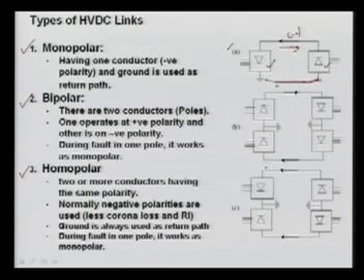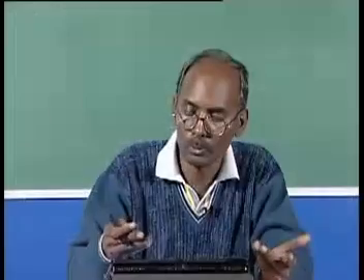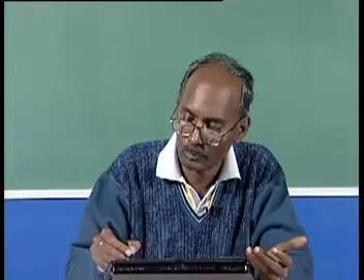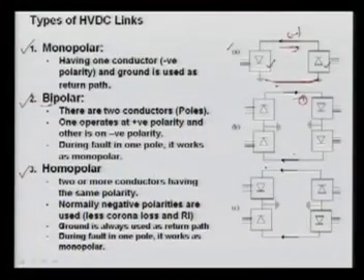Another is the bipolar. In the bipolar, bi means two poles. Here we have pole 1 and here pole 2. There are two conductors, two poles. One pole operates at positive and another operates at negative.